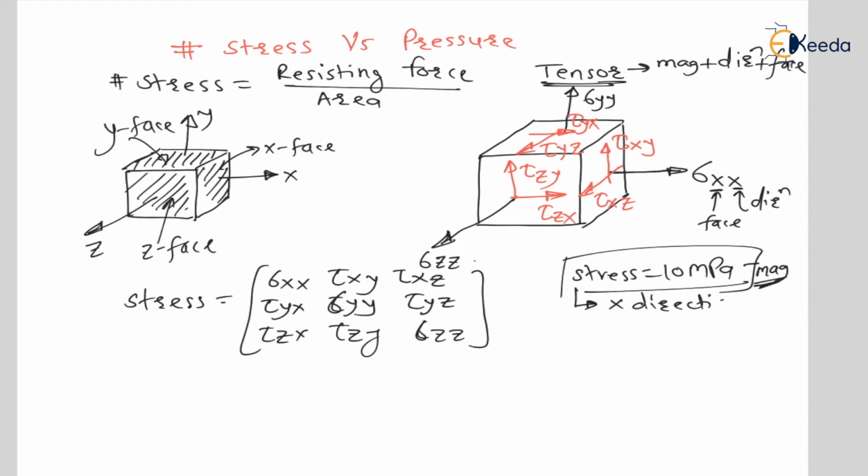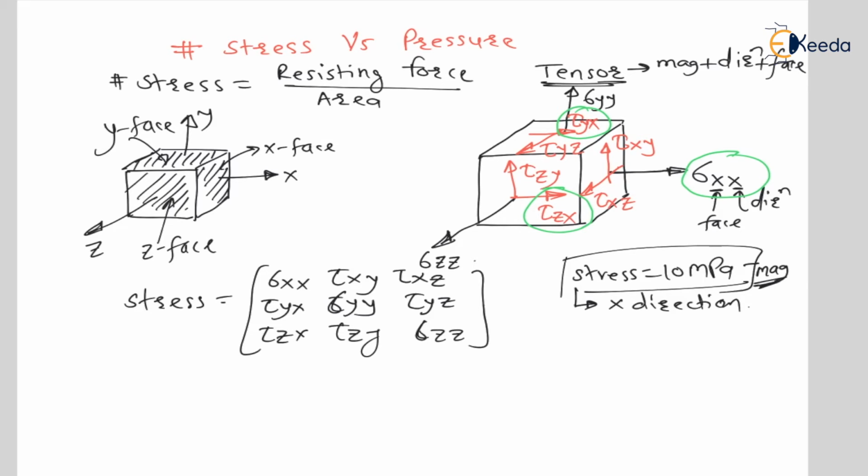Now see here, in x direction, sigma xx is there, tau yx is also there, and tau zx is also there. Means along x direction there are 3 stress components, so if I provide direction also, it is not sufficient.